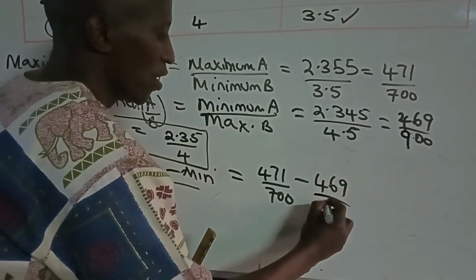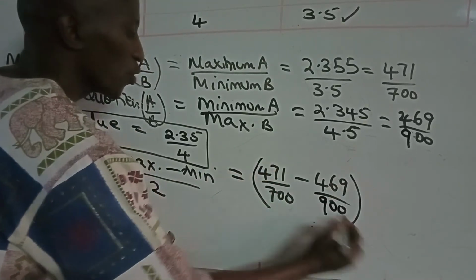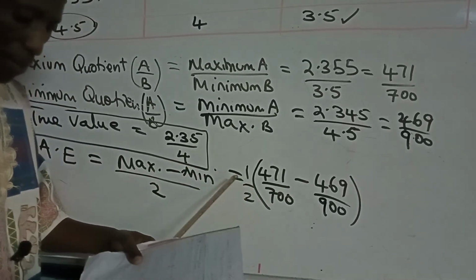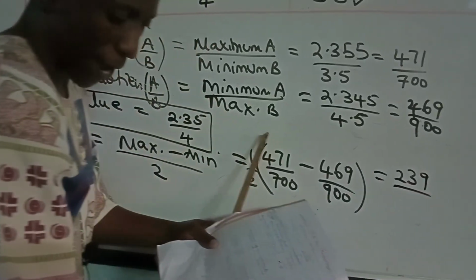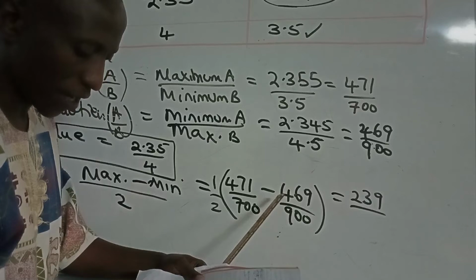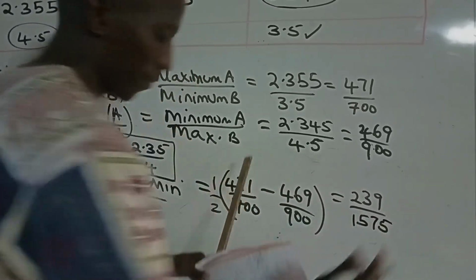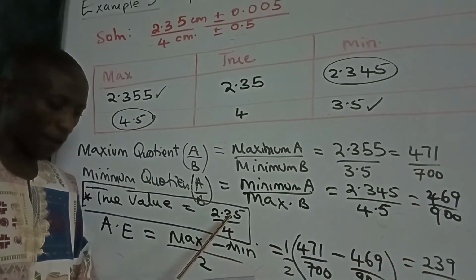This value, we divide by 2, or multiply by a half. So we compute that, and we get 239 divided by 1575.